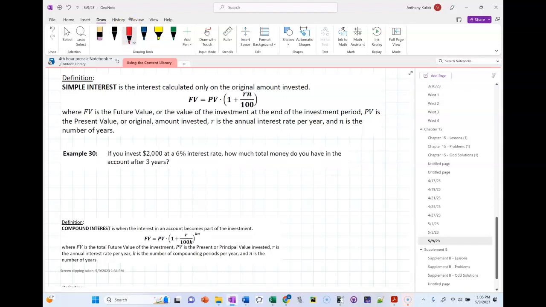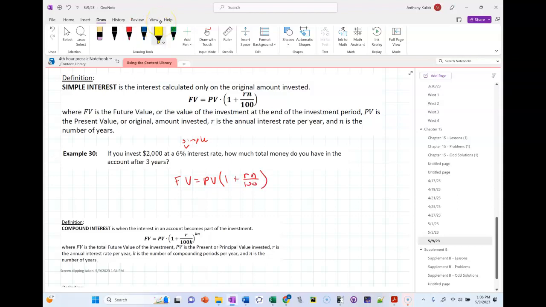And we should probably say at a 6% simple interest rate. That word should be in there somewhere. Since we know it's simple interest, we know we're going to be using the simple interest formula.